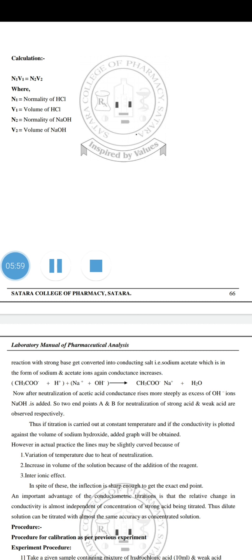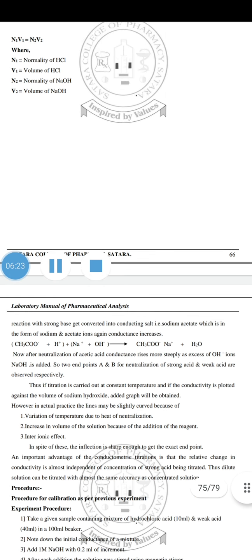Thus if the titration is carried out at constant temperature and the conductivity is plotted against the volume of sodium hydroxide added, a graph will be obtained. However, in actual practice the lines may be slightly curved because of variation of temperature due to heat of neutralization, increase in volume of the solution because of the addition of the reagent, and interionic effect.